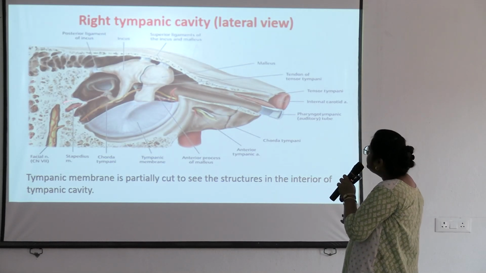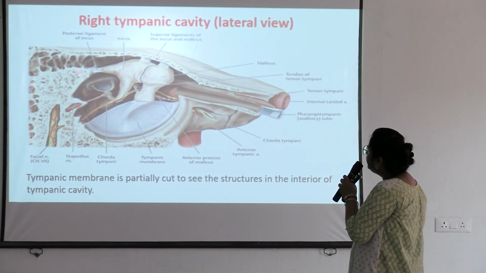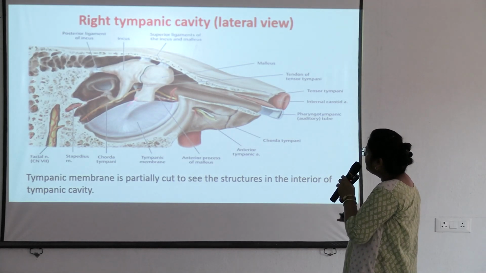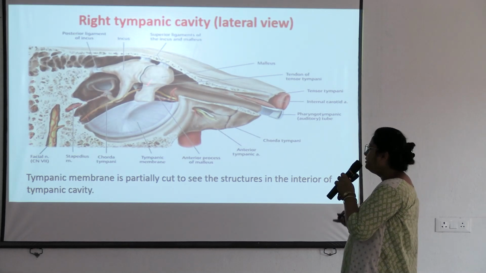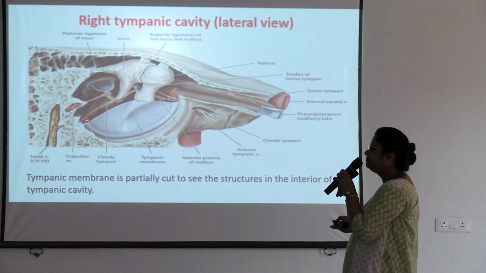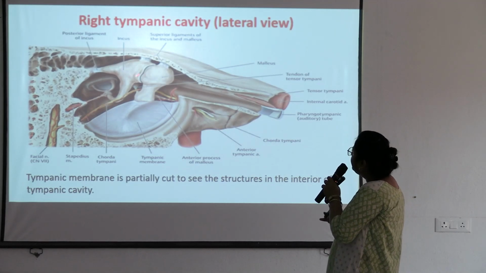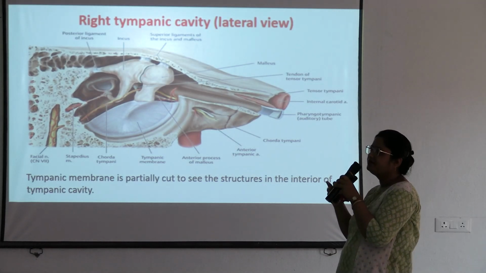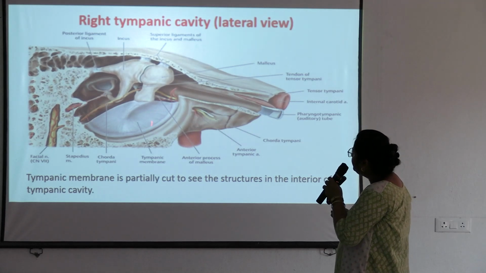Here we have removed the tympanic membrane partially to view the ear ossicles. See, this is malleus and long process of the handle of the malleus. Handle of the malleus is attached near the middle of the tympanic membrane. And this is incus and this is stapes, and through this handle the sound wave is passing from external auditory meatus.